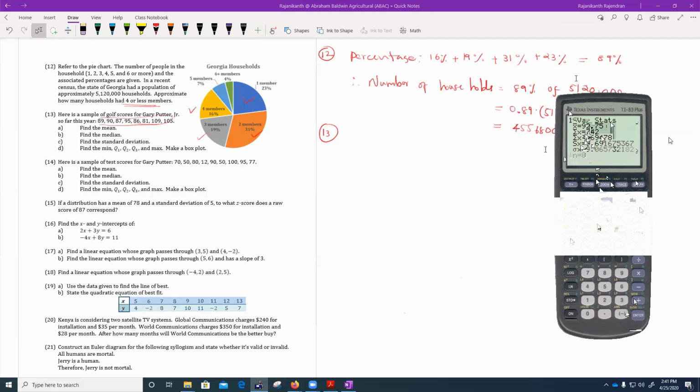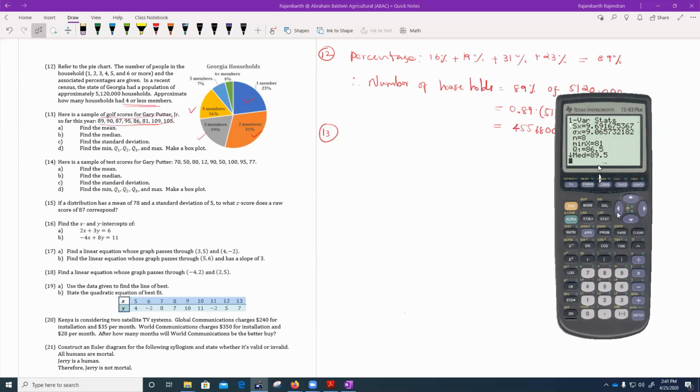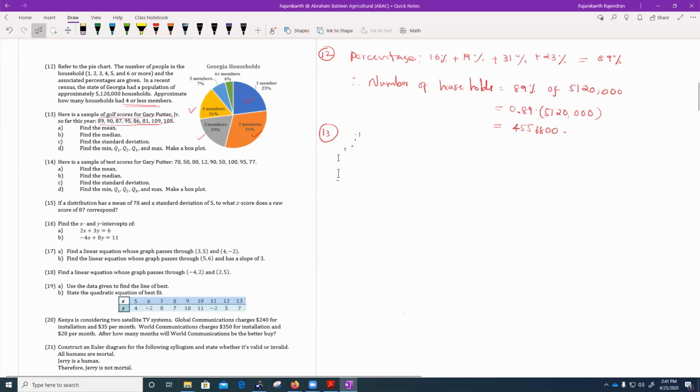So x bar, the mean, is 92.08, and you will get the minimum and Q1, median and all the values. So let us copy down these values here. First one, mean. So the mean we got is 92.08, and the second one, median, that is Q2, right?